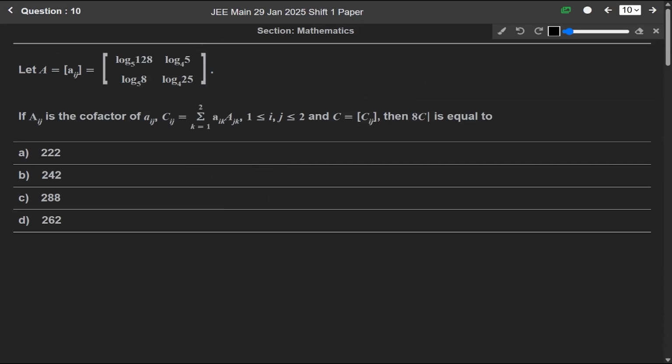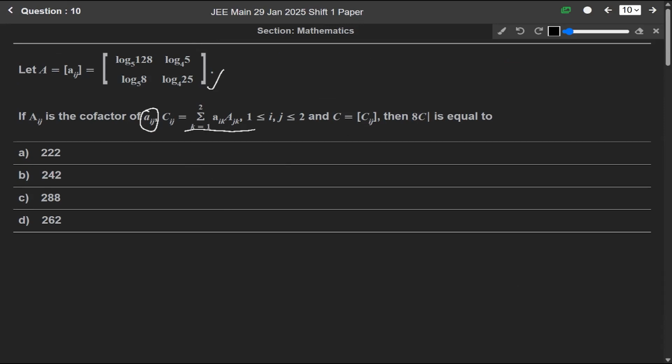Now question number 10. We are given a matrix A where A is Aij, and Aij is the cofactor of this Aij, and Cij is given by this term, where 1 is less than or equal to i and j is less than or equal to 2.